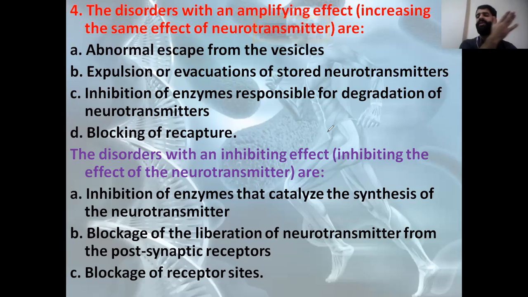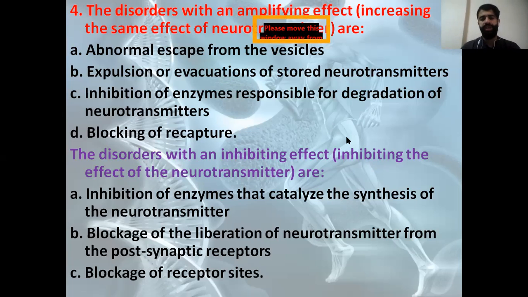Maybe this neurotransmitter is not degraded by the enzyme, maybe it is not recaptured, or maybe it escapes from the secretory vesicle in the presynaptic terminal under abnormal conditions. While for an inhibitory effect, inhibiting the action of this neurotransmitter, maybe there is blockage of the receptor sites, or the synthesis of the neurotransmitter is not enough because the enzyme that helps in the synthesis process is blocked or inhibited, or blockage of the neurotransmitter liberation. So all of them have a role in inhibiting the function of the neurotransmitter.